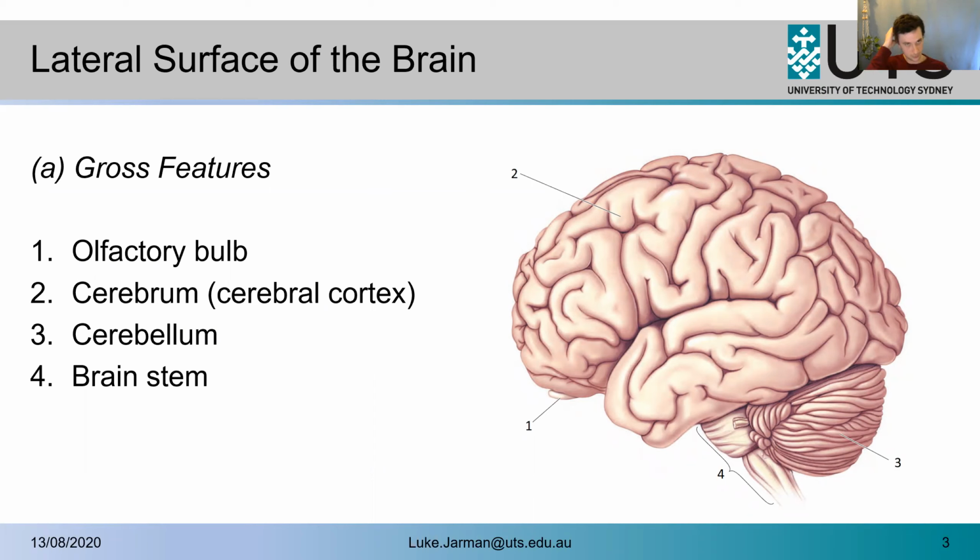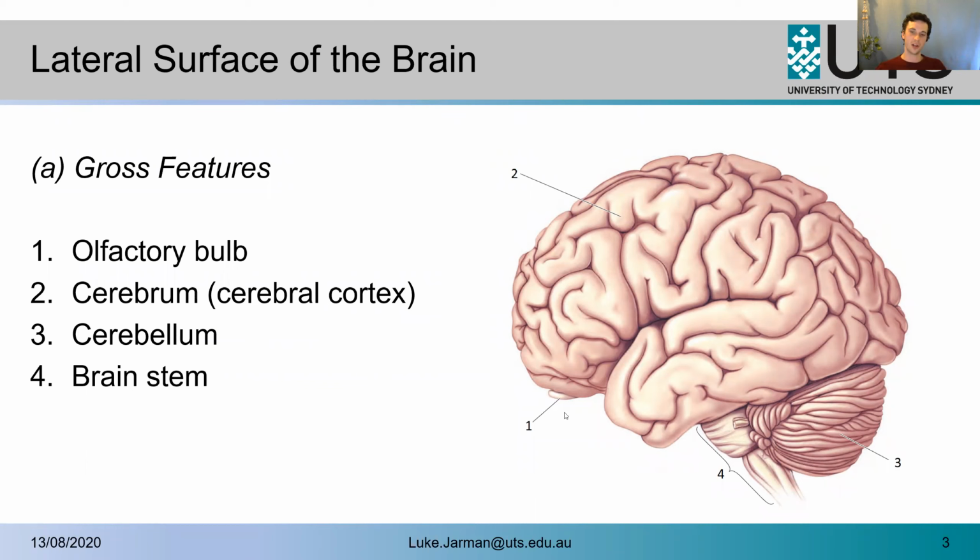Starting off with gross features of the brain, we have our olfactory bulb at number 1. Number 2 is the cerebrum. Most of this picture is referring to the cerebrum or your cerebral cortex. It's where all your main functions are.